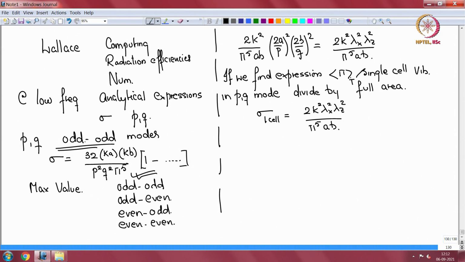Mind you, these are low frequencies. These analytical expressions were low frequency, we should not forget, low frequency.